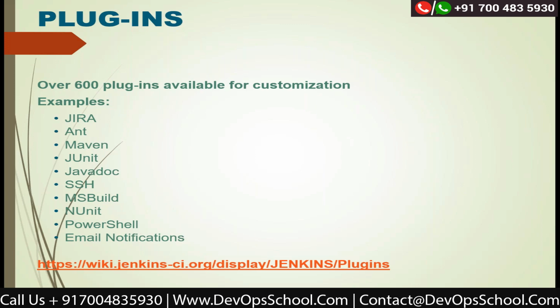I've listed a few of the very important plugins that most organizations configure as part of any Jenkins setup: Jira related, Maven, JUnit, Javadoc, SSH, MS Build, NUnit, PowerShell, email notification. These are only a few examples.